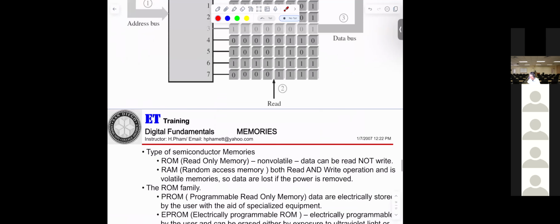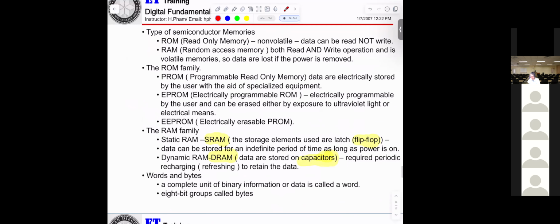Types of semiconductor memory. ROM, read-only memory, is non-volatile: data can be read, not written.